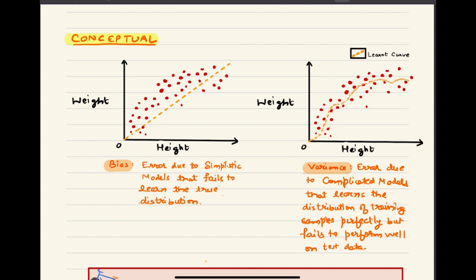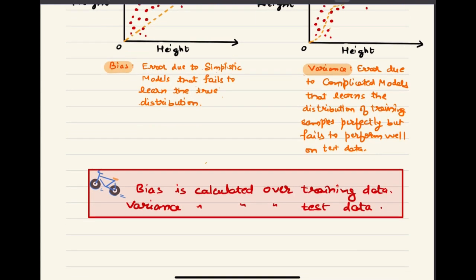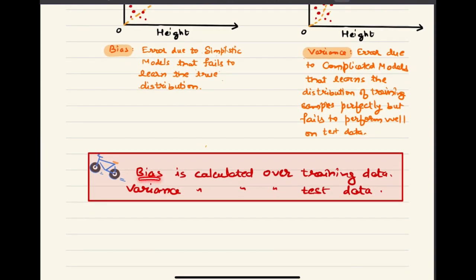In this case, even though our model learns the distribution of the training data very well, when we are provided with a new sample point, it will fail badly on that sample point and give us an error that is known as variance. Further, I would like to emphasize that bias is calculated over training data and variance is calculated over test data.